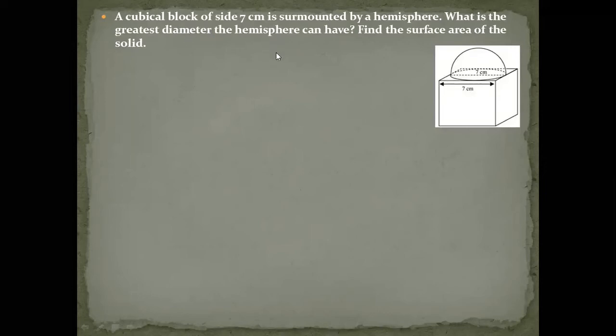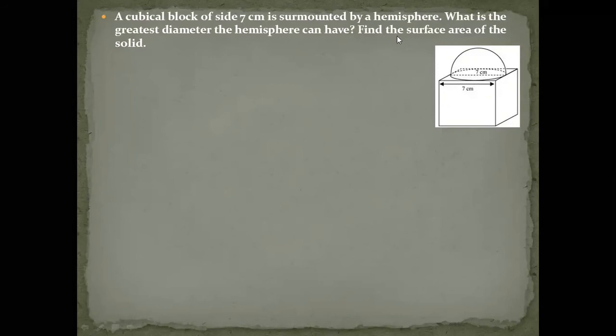So how much can it be? Simple, it can have a diameter totally equal to the cube. If we draw a hemisphere from one end to the other end, that will be 7 centimeter. So the greatest diameter is 7 centimeter.